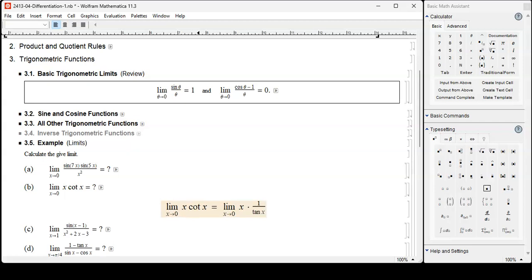But tangent is sine over cosine, so cotangent will be cosine over sine. Alright, we're almost there. Which trig rule are we going to use? Number 1 or number 2? We have both sine and cosine, so which is it?